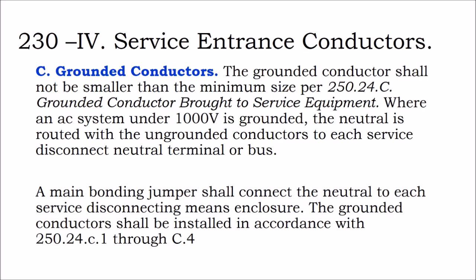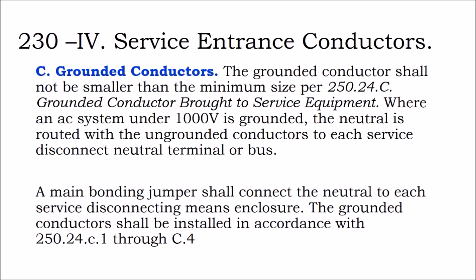The grounded conductors shall be installed in accordance with these rules and regulations. So here what we see is the main bonding jumper connecting the neutral to the service disconnecting means enclosure. And that service disconnecting means enclosure is made out of metal, and all metal parts are connected to the equipment ground conductor, which is connected to the grounding electrode conductor, which is connected to the grounding electrode.